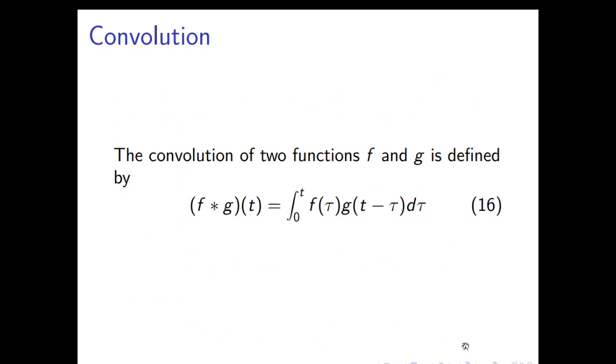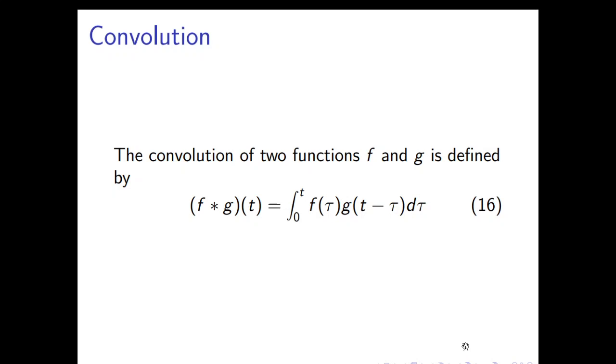Then here we have the concept of convolution of two functions. If f and g are two real valued functions, f of t and g of t, then the convolution of f and g is defined as f star g of t is equal to integral 0 to t f of tau into g of t minus tau d tau, is a new function or new operation between two functions.